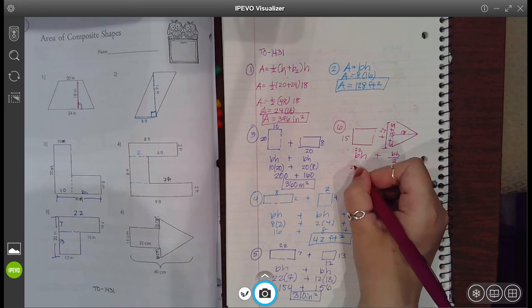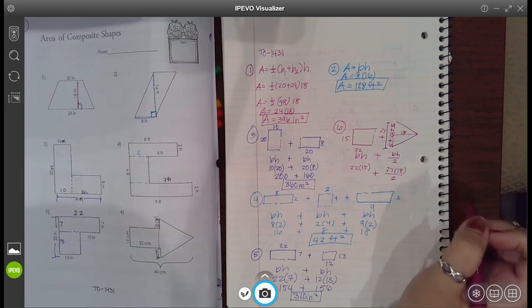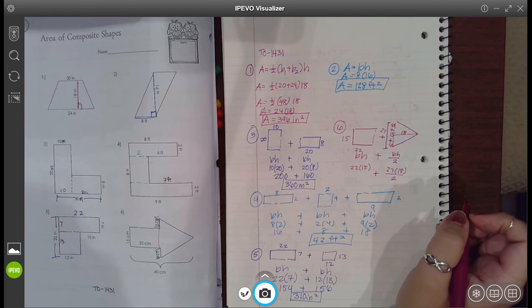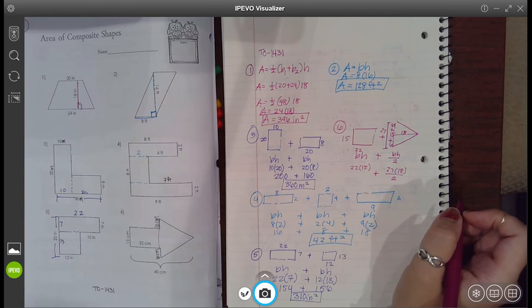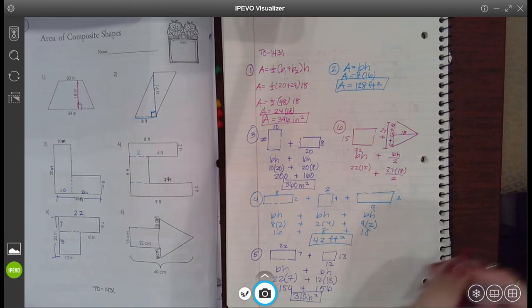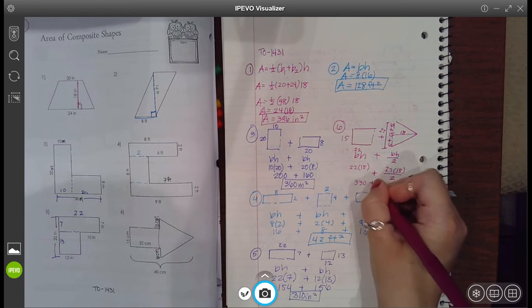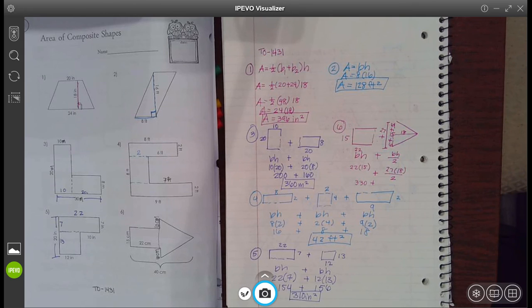Okay, so now you have base of 27 times height of 18, all divided by 2 for the triangle, and 22 times 15 for my rectangle. Well, 22 times 15, let's see here. You get 330 plus 27 times 18 divided by 2.